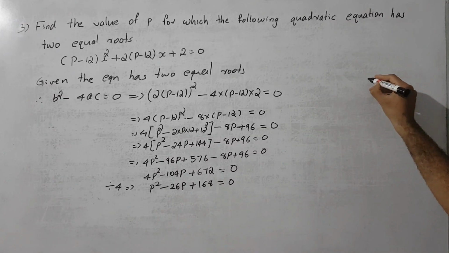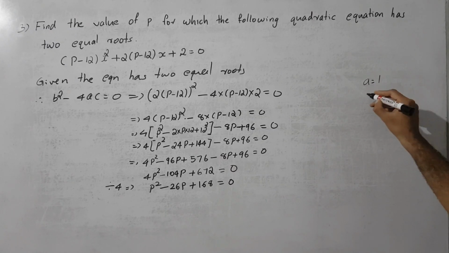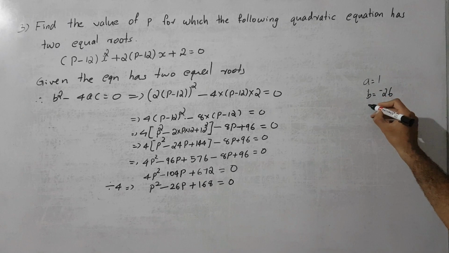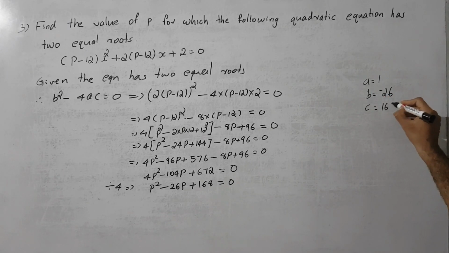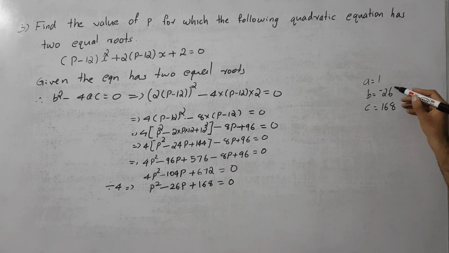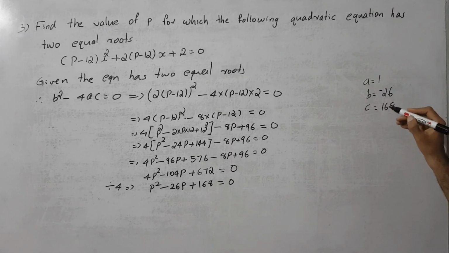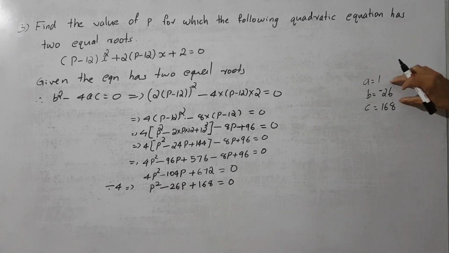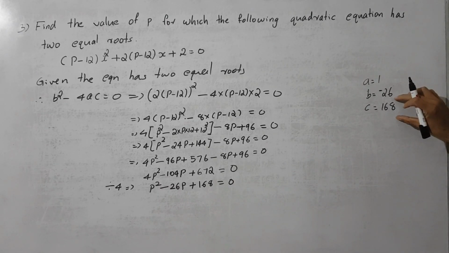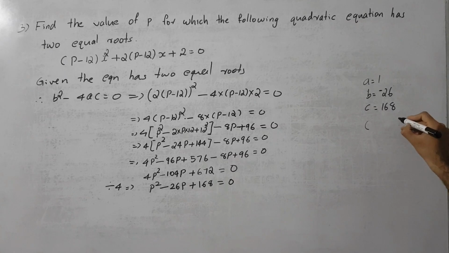The value of a is equal to 1, b is equal to minus 26, c is equal to 168. The sum we need to get is minus 26, and the product is positive, so both numbers are negative, correct?